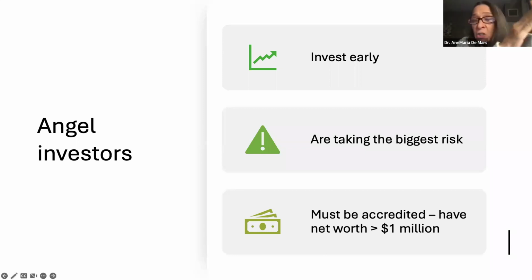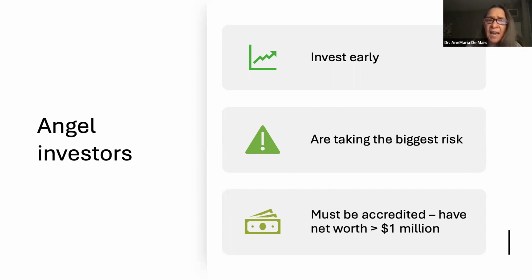Angels are people who invest early. They're taking the biggest risk. They're usually not people who invest in companies for a living. They're called angels because I guess like some angel that comes in and helps you out. To be an angel investor, for you to go in and try to get somebody to invest in your startup that's not friends or family, they have to be accredited.